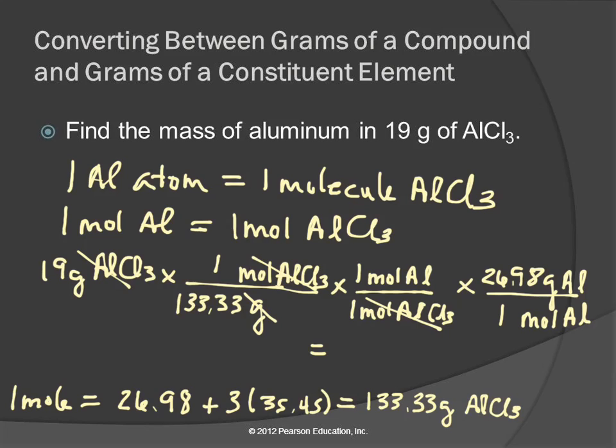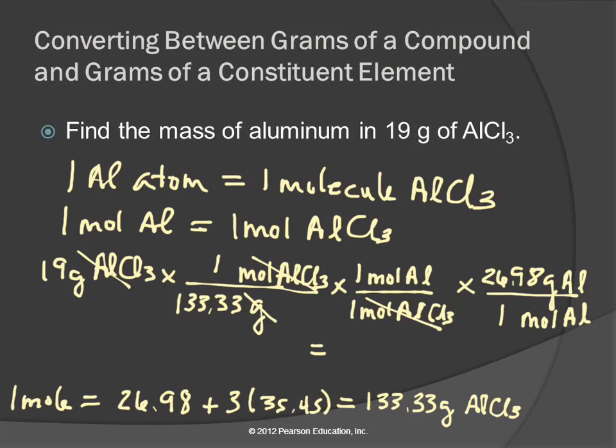So we start with 19, and we divide by 133.33. That gives us the number of moles of the compound, which is equal to the number of moles of aluminum because of that 1-to-1 ratio. And then we're going to multiply by 26.98 to find out what the mass of the aluminum is.